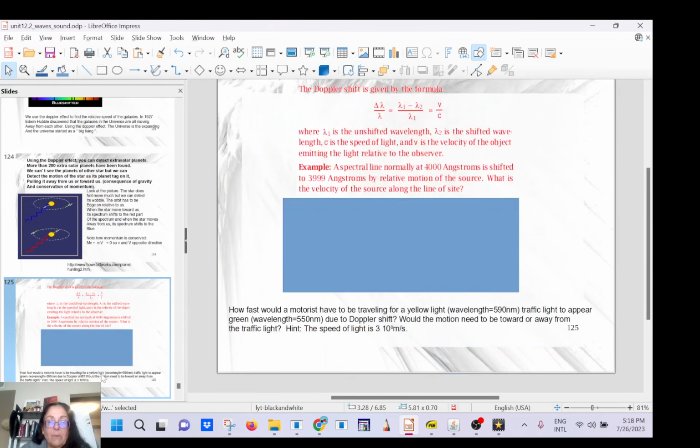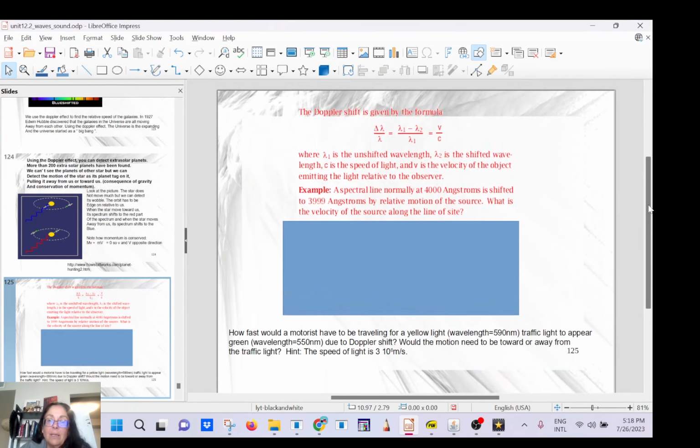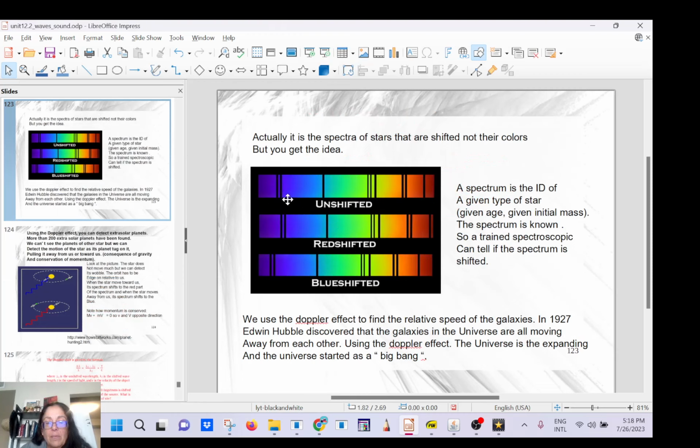So, very simple example here. We can use that equation; it works if the speed is much smaller than the speed of light. If there is a shift, for example, this is the spectrum that you expect in a line in a lab, and this is the spectrum that you actually observe.